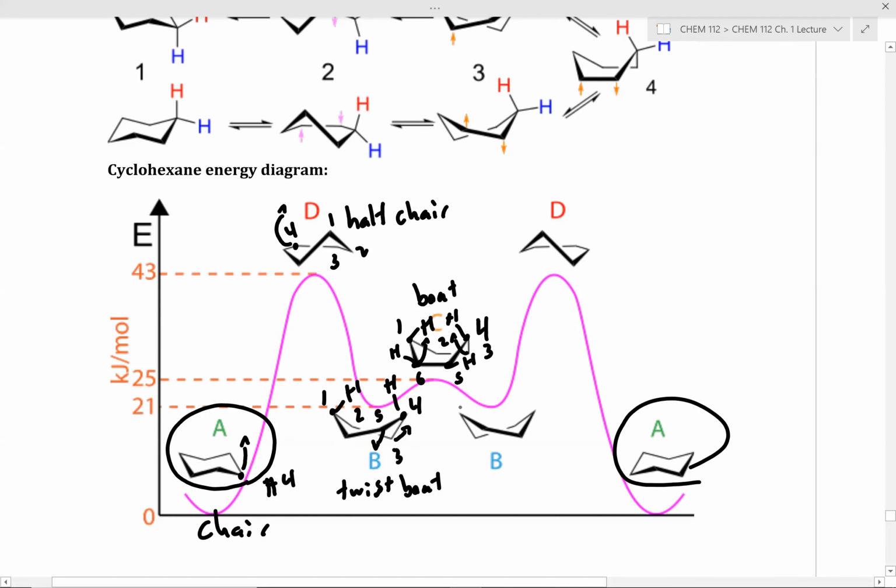So then, numbering our carbons, once again we have the following twist boat.